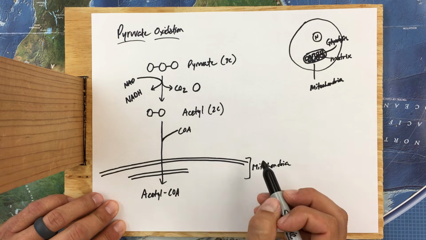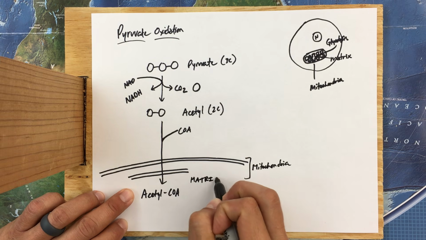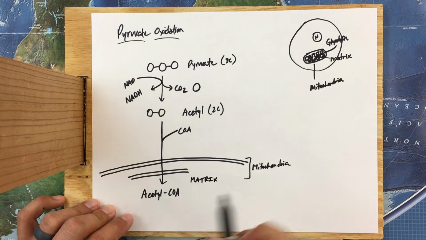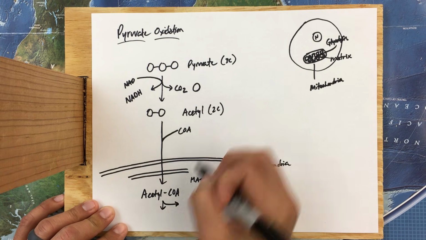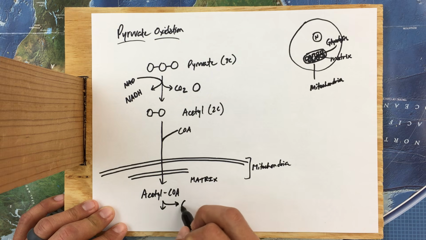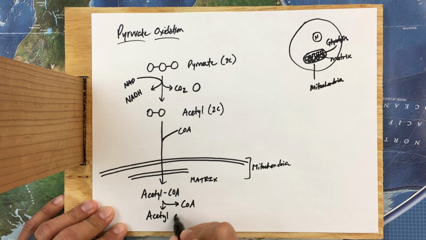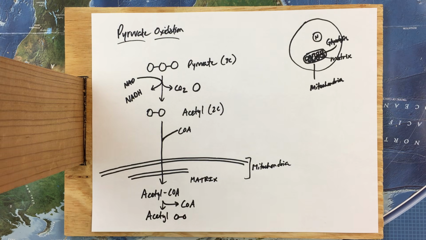It can go through both membranes, and it can arrive down here in the inner compartment, which again is the matrix. Now that it is in the matrix, the CoA can leave because we don't actually need that to do any sort of chemistry. We just needed it to allow us to get into the mitochondria. So the CoA is going to leave, and we're back over here at acetyl once again. And now we can start the next step, which is the citric acid cycle.